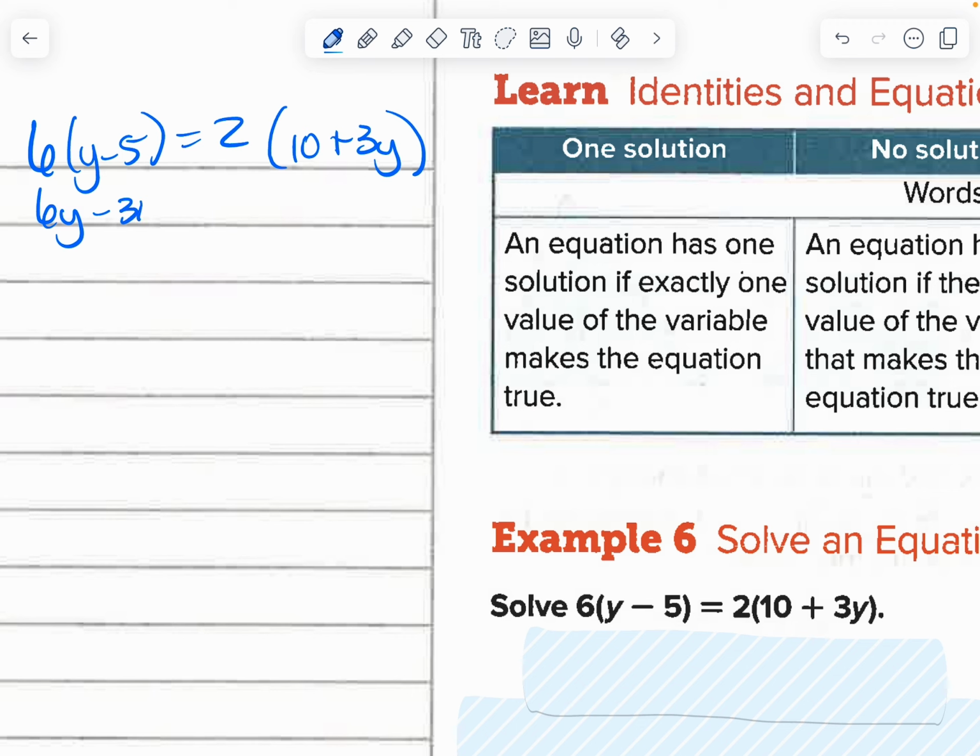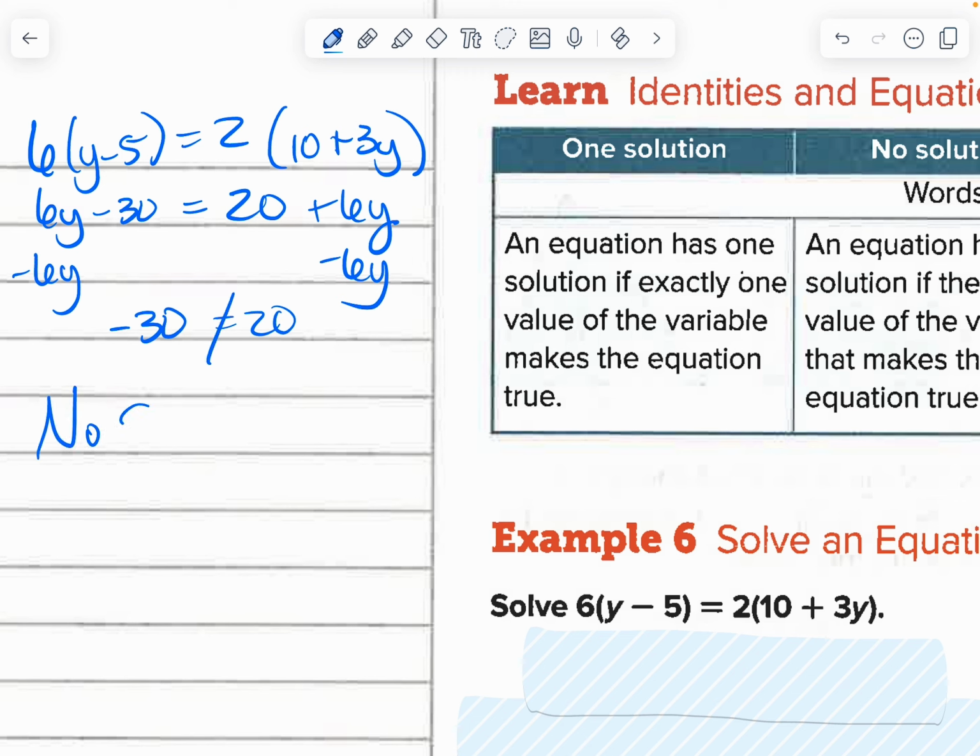6y minus 30 equals 20 plus 6y. So if I subtract the 6y's from both sides, negative 30 equals 20. Is that ever true? Will those numbers ever equal each other? They will not. So that is actually no solution. What does that mean?